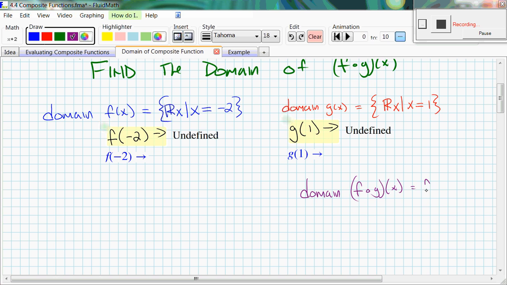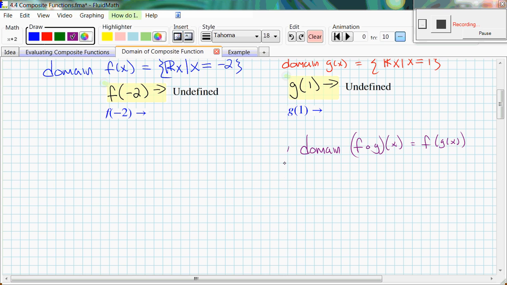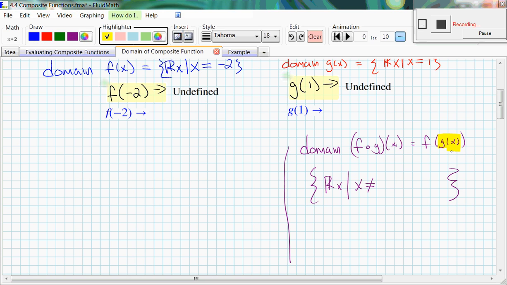So I know that my domain is going to be all real numbers x such that x is not equal to something, and I just need to figure out what those somethings are, right? Well, since g of x is already inside f of x, I cannot allow a 1 into my domain. So right off the bat, I know one of the answers is 1. So I have to just figure out what the other one is. Because 1 is not allowed in the domain for g of x, I cannot figure out the domain.